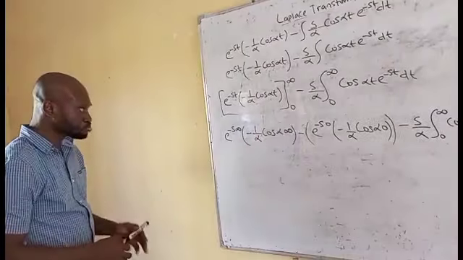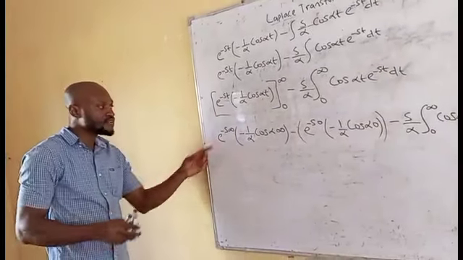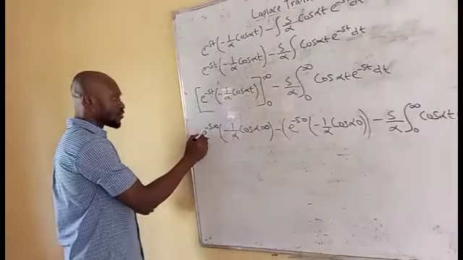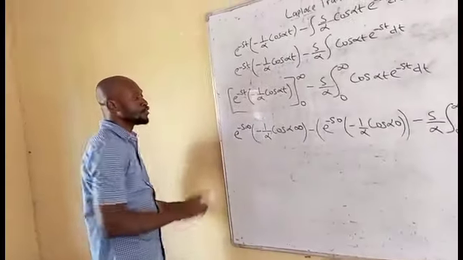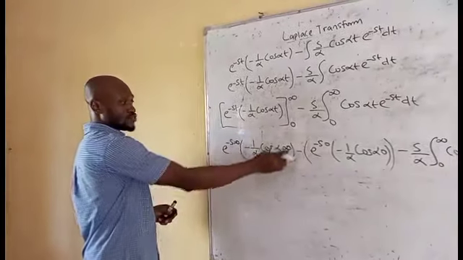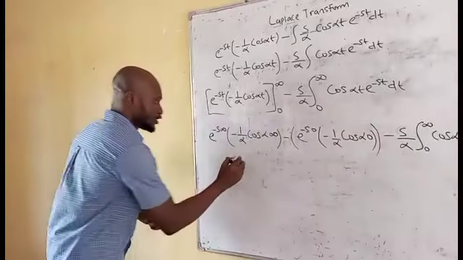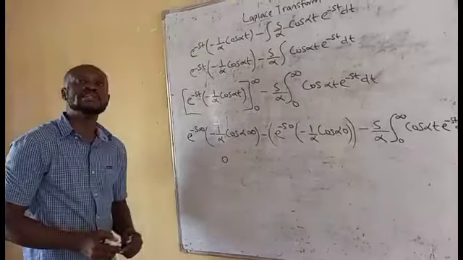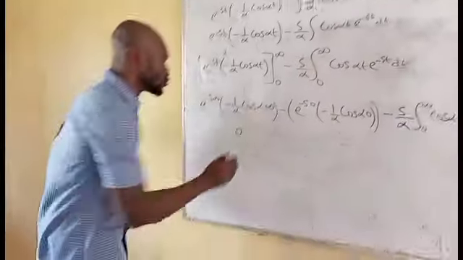Now, as usual, exponential raised to the power of minus infinity is 0. So 0 times the whole of this bracket will give you 0, meaning that my upper limit is 0.